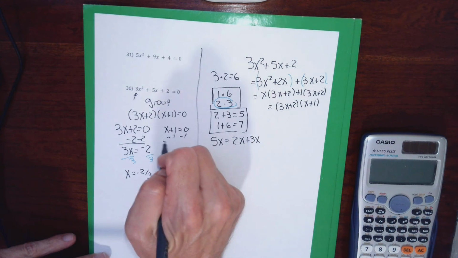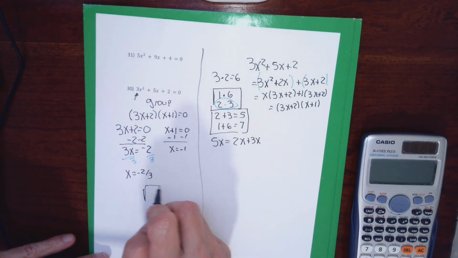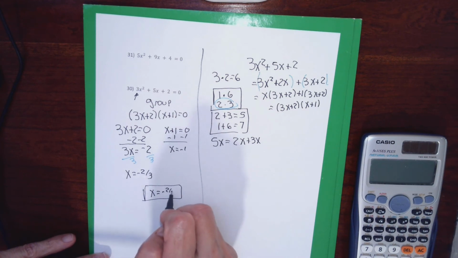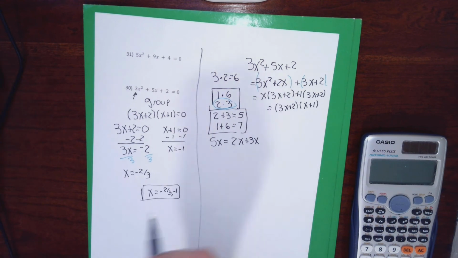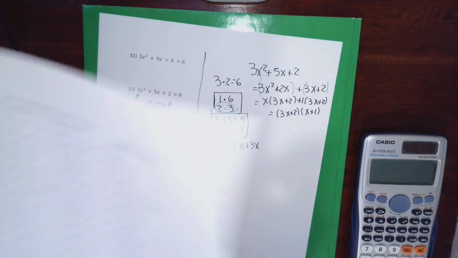I probably wouldn't show this work. I would just include it with my answer without showing any extra work. For 30, I think the answer is x equal negative 2/3, x equal negative 1. Again, it takes a while to check, so let me just go to number 30, negative 2/3 and negative 1. Feel good about that.